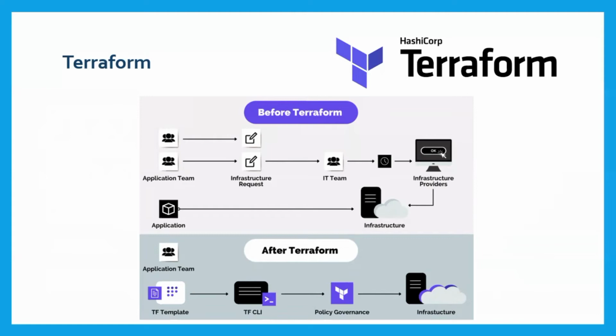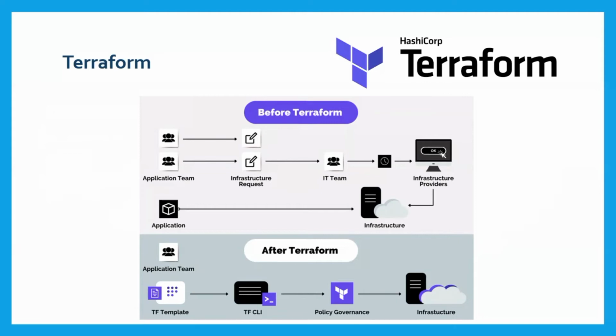Then the IT team used to create that infrastructure manually, which used to take a lot of time. Definitely it will take a lot of time. You will talk with your infrastructure providers, you will list all of those infrastructure requirements. Then they will create it, and then the IT team will pass it to the application team for deployment.